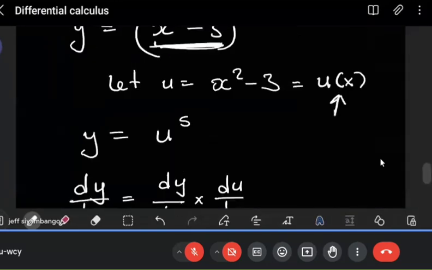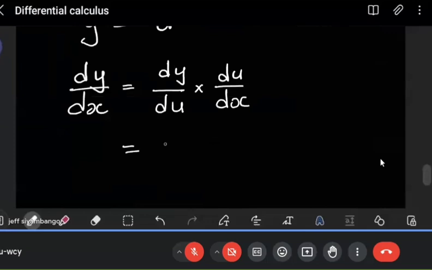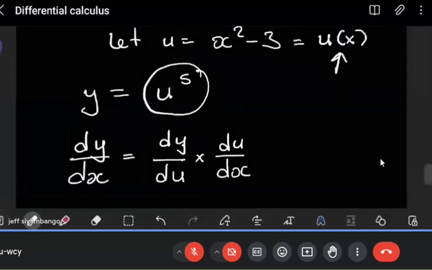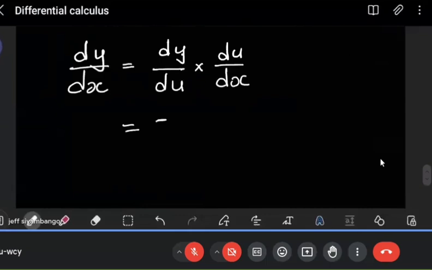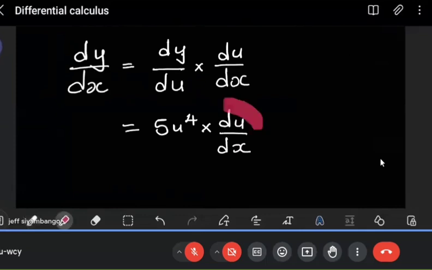So if we bring that back, dy du, this is now what you're differentiating, which gives you 5u, and then this becomes to the power 4. But then multiply this by the derivative of u with respect to x. In implicit differentiation, this is exactly what will be happening.